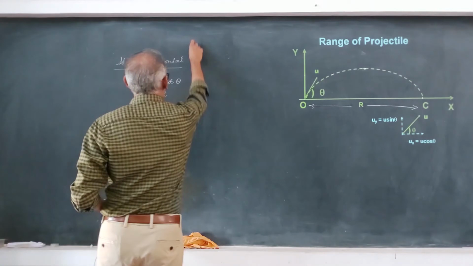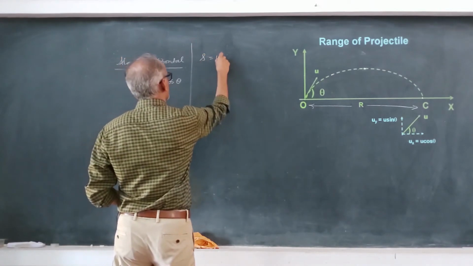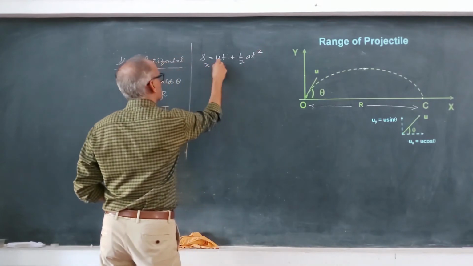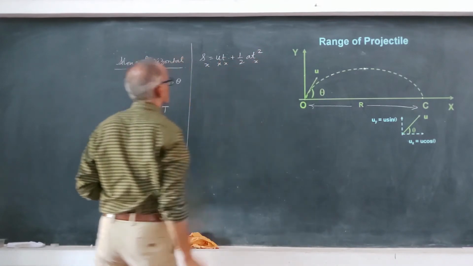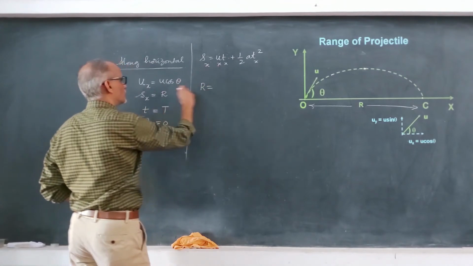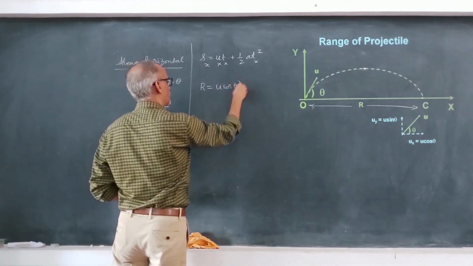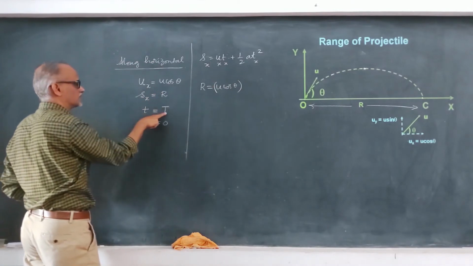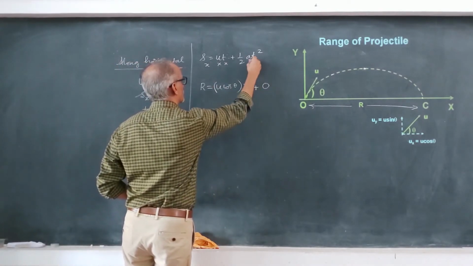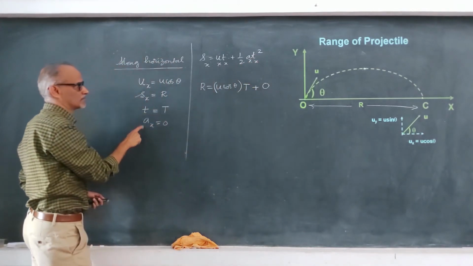So now use s = ut + half at square, everything along the x-axis. Okay. What is Sx? It's R. What is the ux? u cos theta into the time taken, which is the time of flight, plus this term is 0. Why? Because the acceleration along x is 0, right?